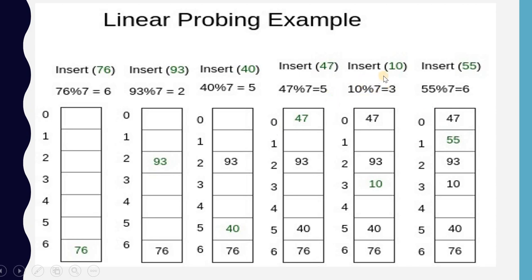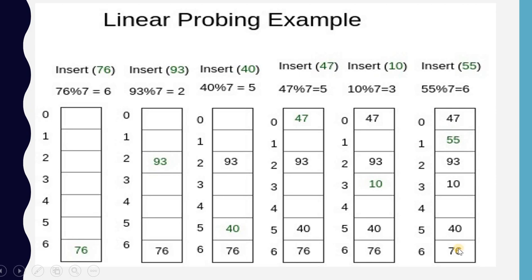Now insert 10. It is mapped to index 3. Let us see whether 3 is empty. Yes, 3 is empty. You can add 10 at location 3. Now 55 mod 7 is 6. See location 6. It is already occupied by 76.